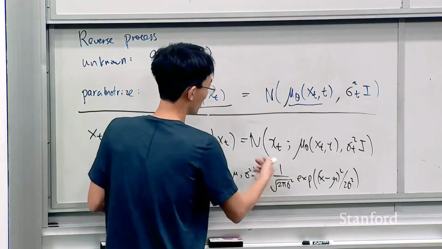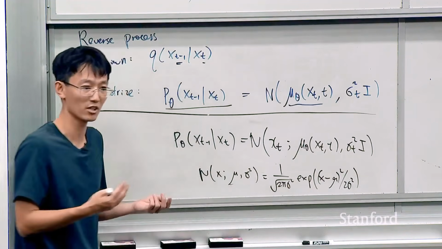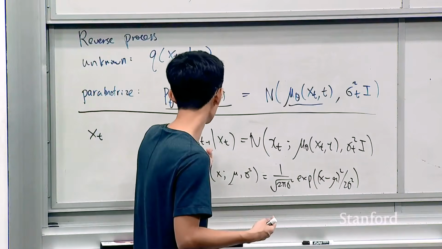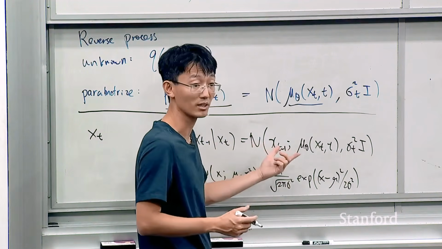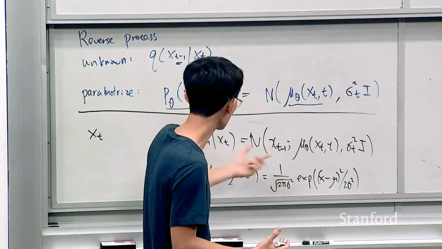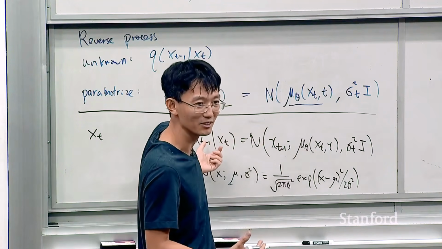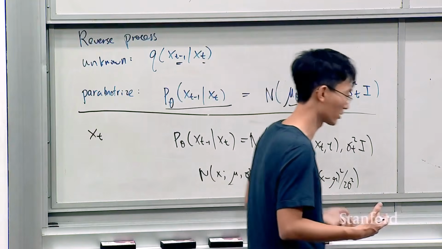Now you make the right-hand side and left-hand side both functions or densities. They are both functions in x_{t-1}, which is the variable. Or if you plug in numerical numbers, they are both scalars and they are equal.